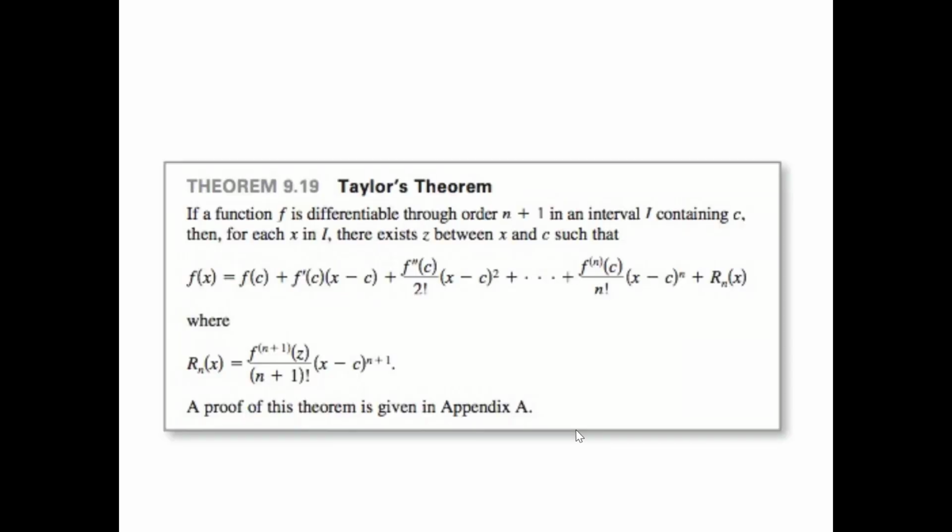Now, it turns out that if a function f is differentiable through n plus 1, and that previous function that I had is not differentiable through order n plus 1, it stops being differentiable after the first derivative, I believe, in an interval I containing c, then for each x in I there exists a z between x and c such that f of x is your Pn of x plus some error.